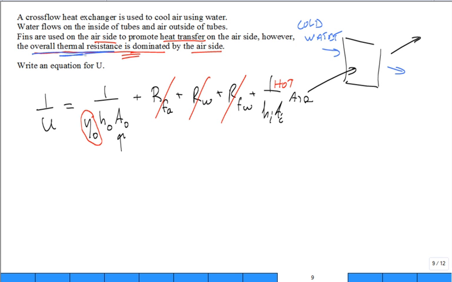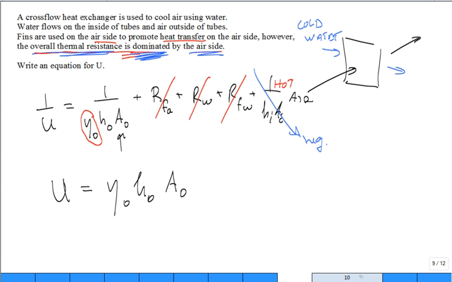The overall resistance is still dominated, even after you add fins on the air side, by the air side. So what about the thermal resistance on the water side? It's negligible. So guess what? U is simply the overall fin surface efficiency, the overall area of the fin surface, and the convection coefficient on the air side. That's very, very common. Well, looks like I'm out of time.